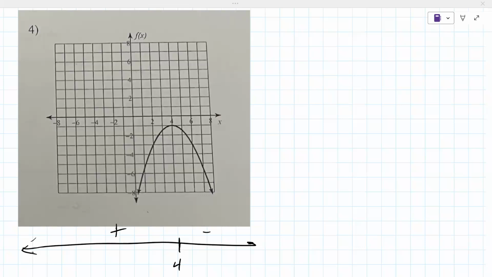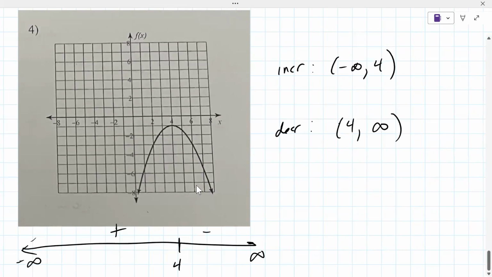So what would the interval be? Increasing is negative infinity, comma 4. Okay, and decreasing? 4, comma infinity.